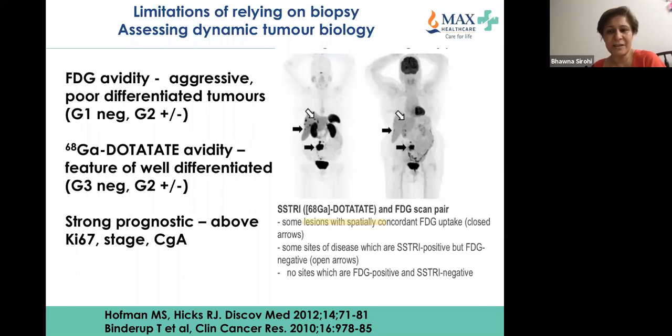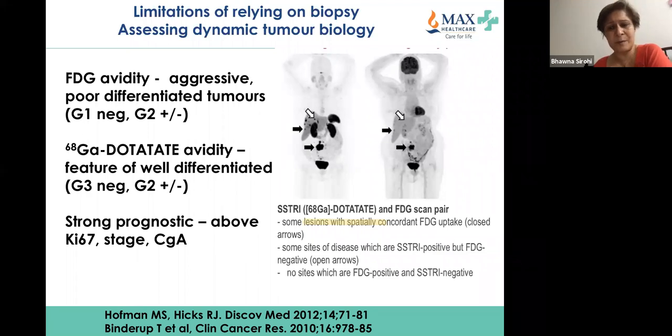FDG avidity is usually synonymous with aggressive, poorly differentiated tumors. And DOTA avidity is usually synonymous with well differentiated or intermediate differentiated tumors. And a patient can have both. So you may have a patient with a rectal cancer with liver mets, where the rectal cancer may be grade 1, but the liver mets may be grade 3.